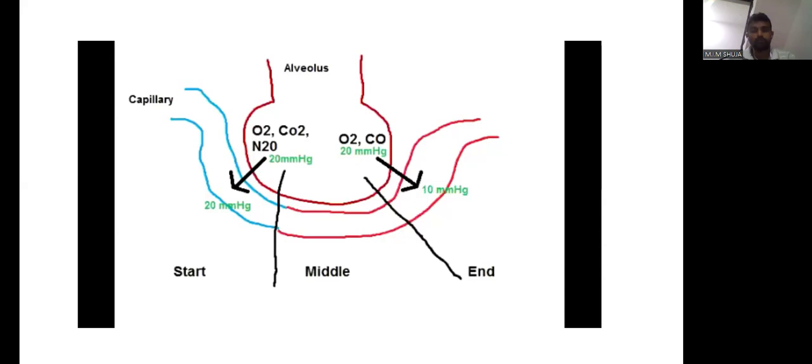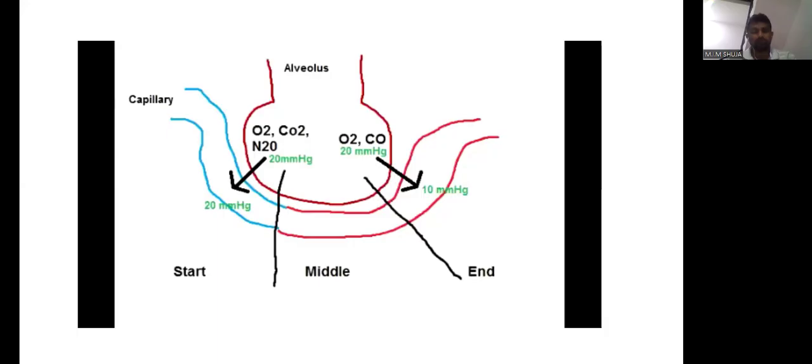And it's also colored differently. The blue color indicates that this is the deoxygenated blood. The red color indicates it's the oxygenated blood. So deoxygenated blood is what comes in and it goes out once it gets oxygenated as the oxygenated blood. Now looking at the perfusion limited, you see that oxygen, carbon dioxide, and nitrous oxide all in normal situation is perfusion limited.